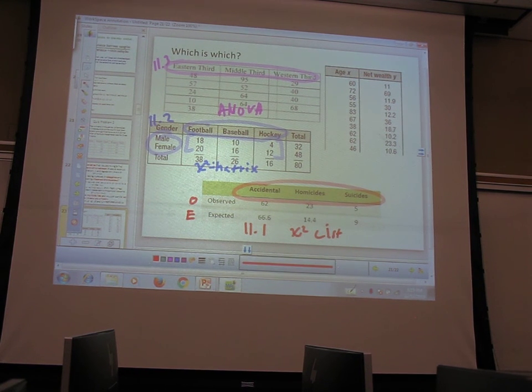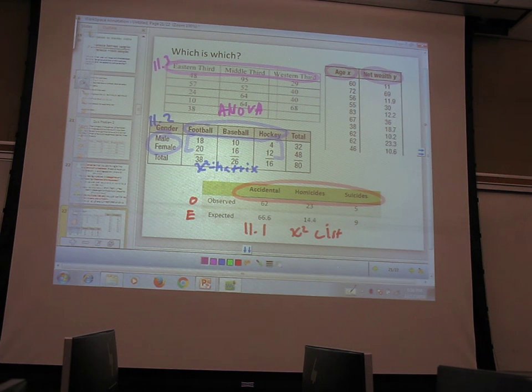And then this last one up here in the corner, what's that one? L1 and L2? The two different lists? Yeah, their relationships between each other. So this is my variable, this is a different variable.